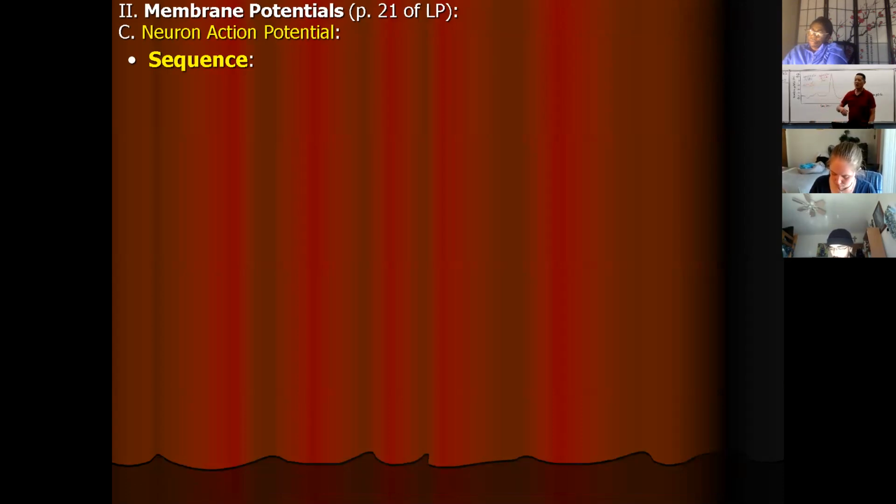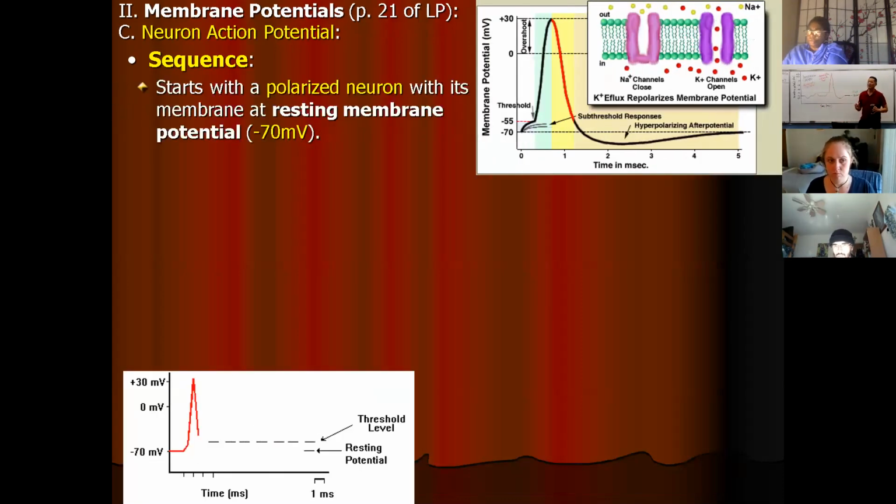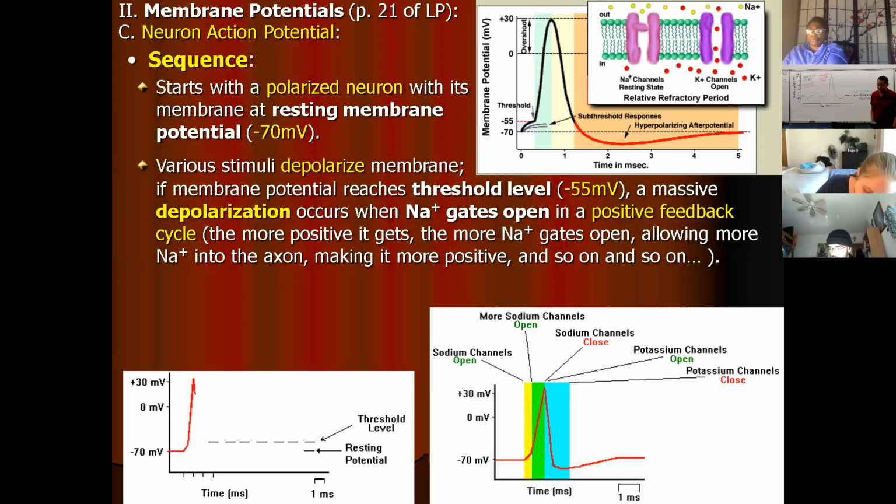First, you have to start at resting membrane potential, and that's why we covered it first. A neuron cannot fire unless it starts at resting membrane potential. So it's very important. Then you've got to get excitatory stimuli, depolarizations that allow it to reach threshold.